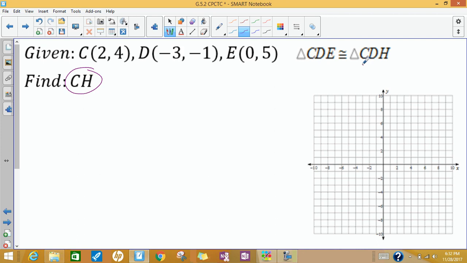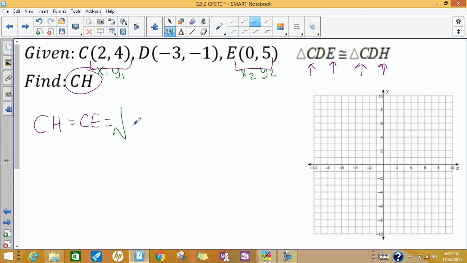So CH corresponds to CE, the first and last letter. So the length of CH is the same as the length of CE. And so we can use the coordinates for C and E to figure that out. Call this x1, y1, x2, y2. And so I'm going to do 0 minus 2 squared plus 5 minus 4 squared.